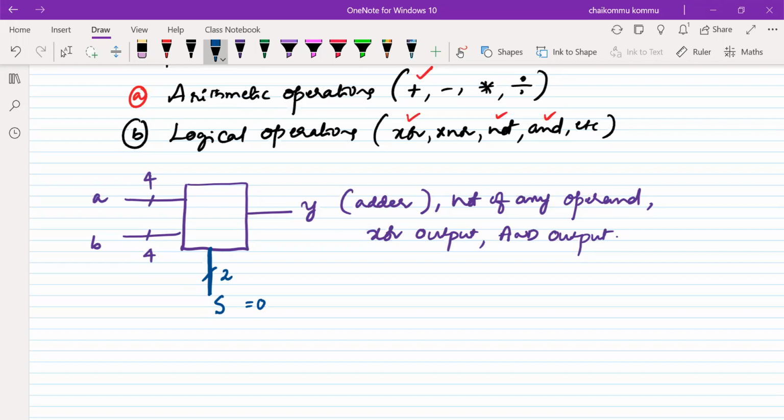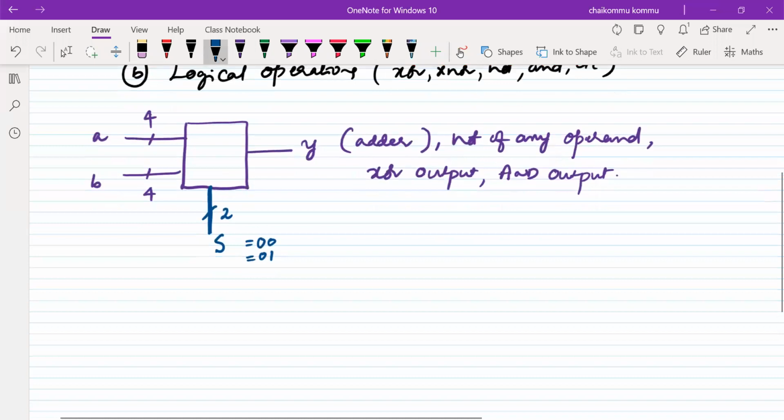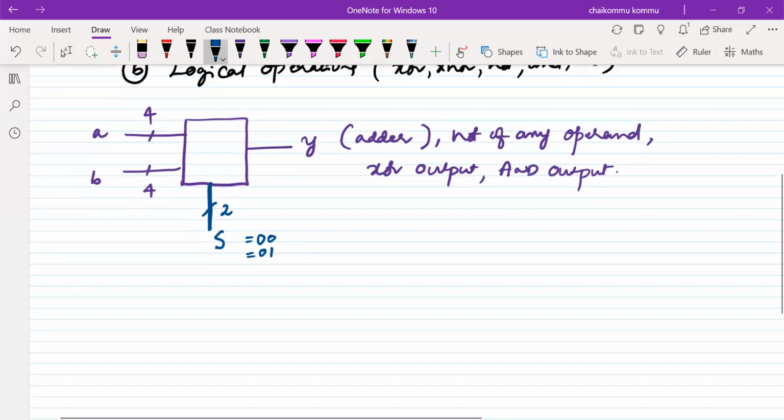For example, if S is equal to 0 0, the output Y will be the output of the adder. If S is equal to 0 1, then the Y output is the NOT operation output. Similarly 1 0, 1 1. For each and every combination, Y can be defined like that. So that is the reason why we need to consider a 2-bit S.